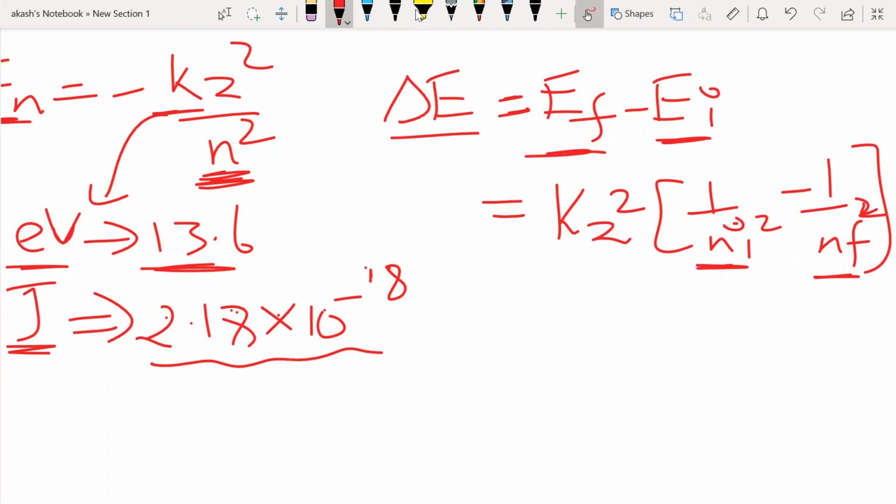Now at last, coming to ionization energy. I have to give you the definition first, because it is not the definition which you know now.